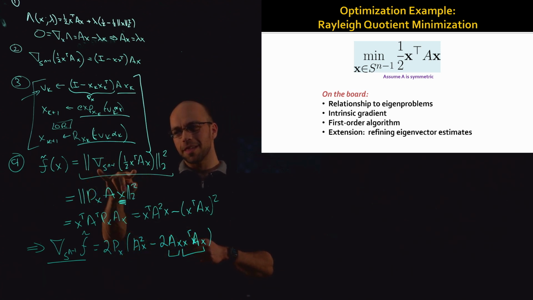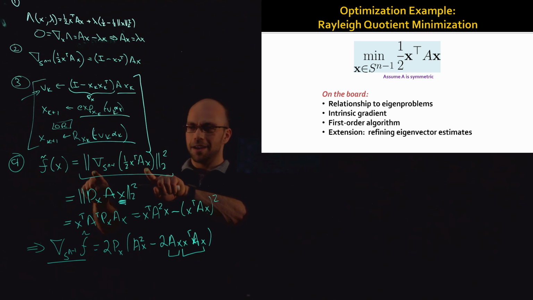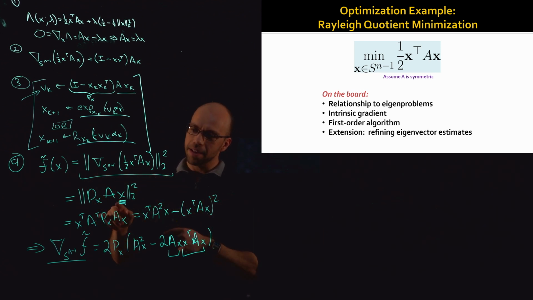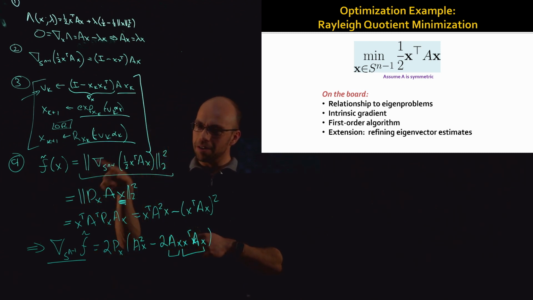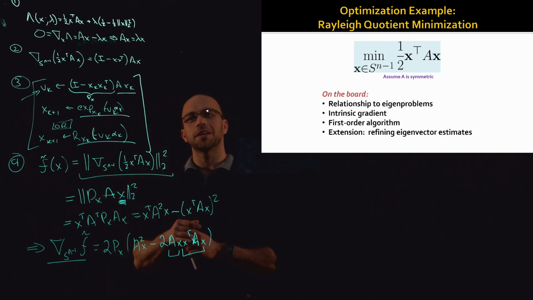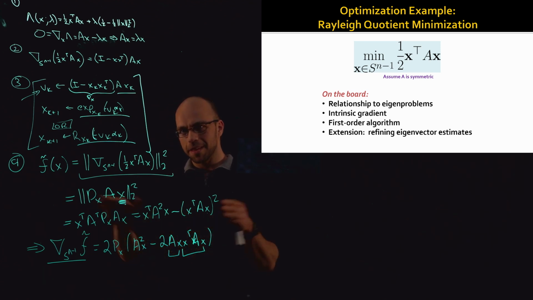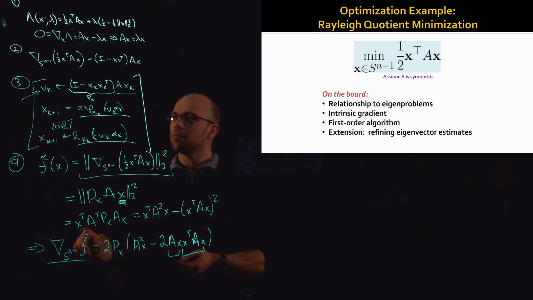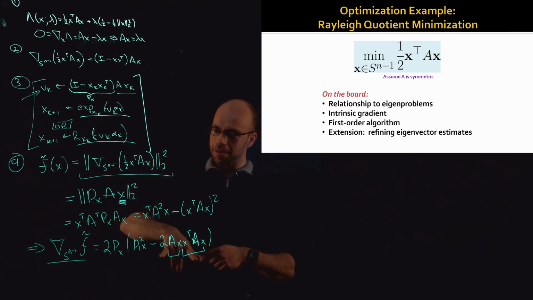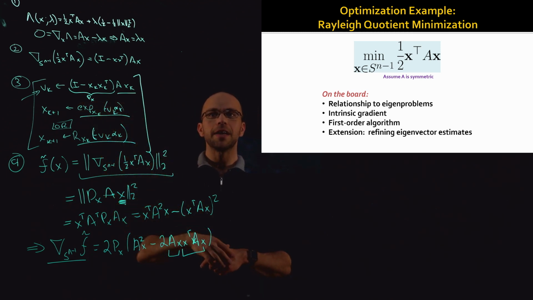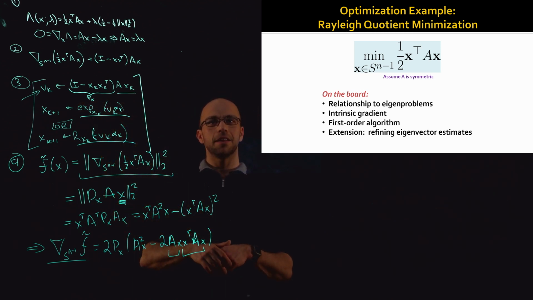Because we know that this thing is equal to 0 anytime that x is an eigenvector. And so this norm equals 0 at any eigenvector of A. So now when we expand this out and compute the gradient, refining an eigenvector estimate is as simple as plugging in a different gradient into the same algorithm in number 3.